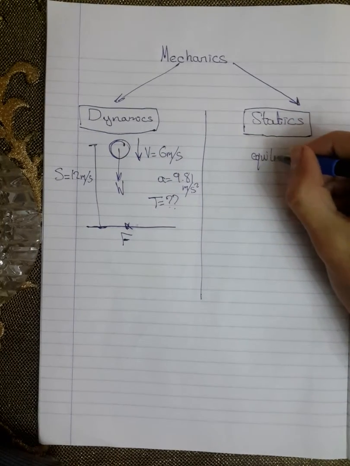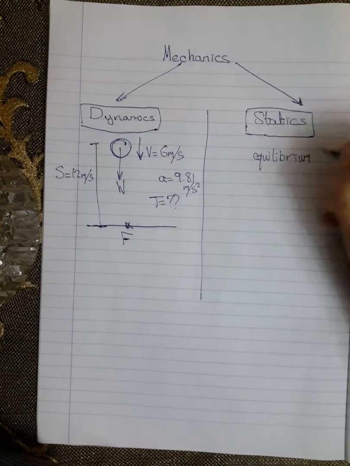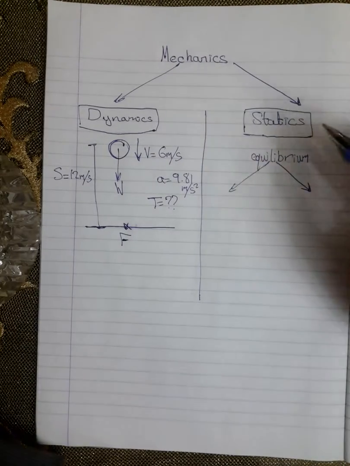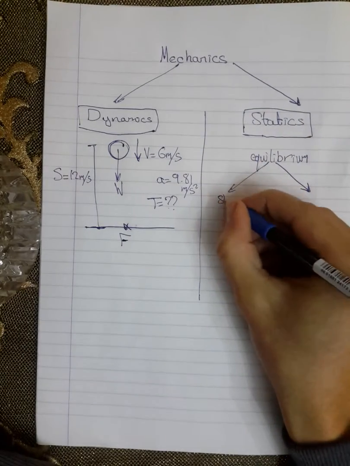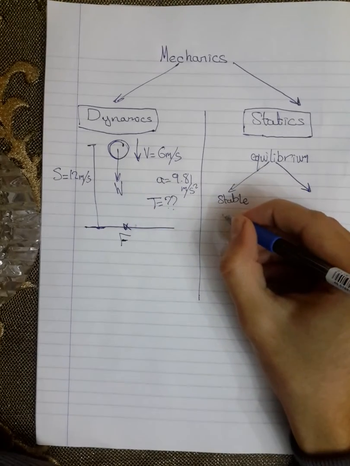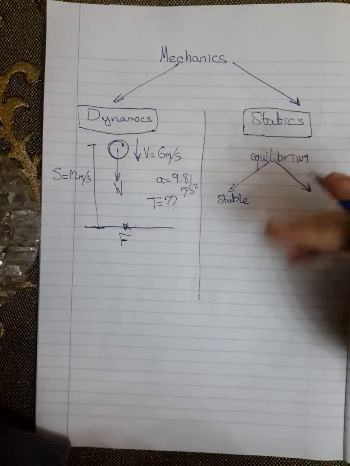So this equilibrium can be reached in two different ways. When the ball is stable, as it doesn't move, it doesn't have a velocity.